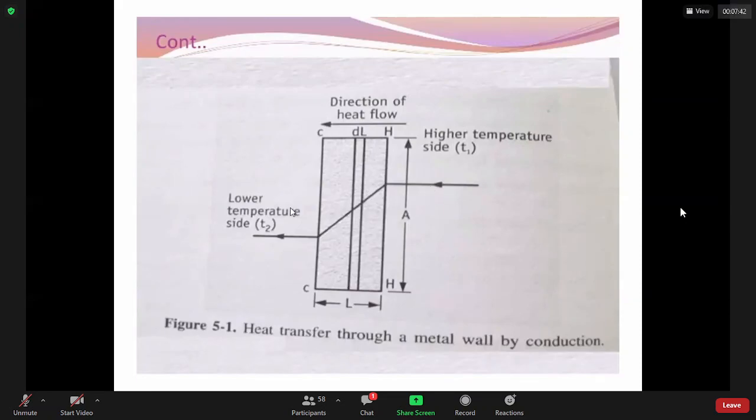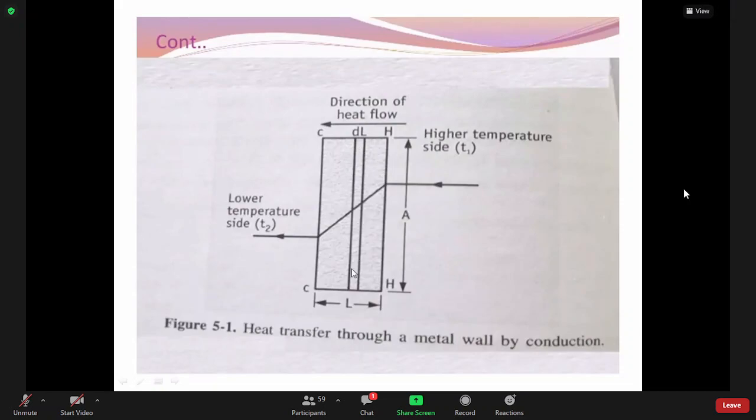Because we saw the rate, we are looking at this particular section only.